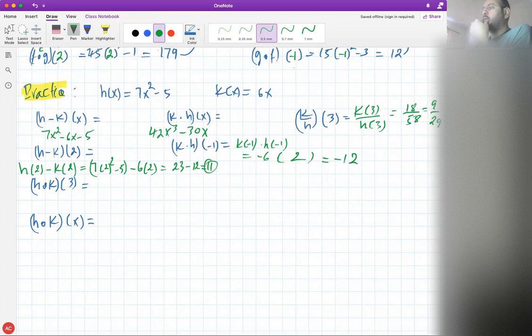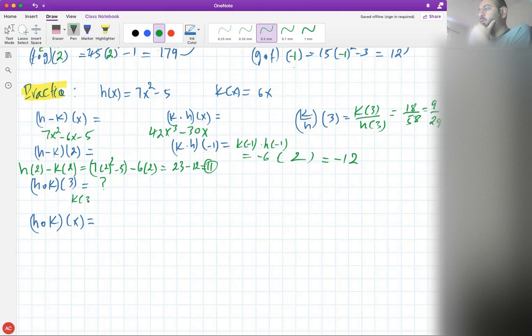So let's talk about the composition here. So we have a number here and we have h. Let's first do this one without the composition. Let's assume we don't have the composition yet. So how do you find h of k of 3? What do we do first? We plug 3 into k.